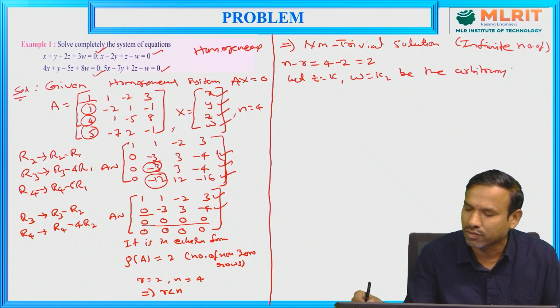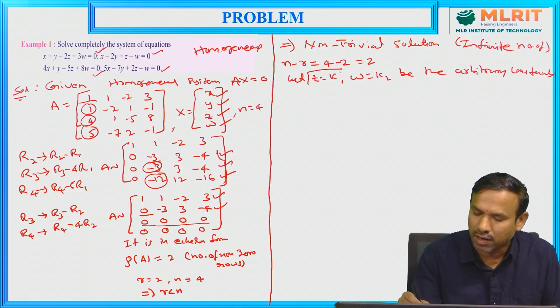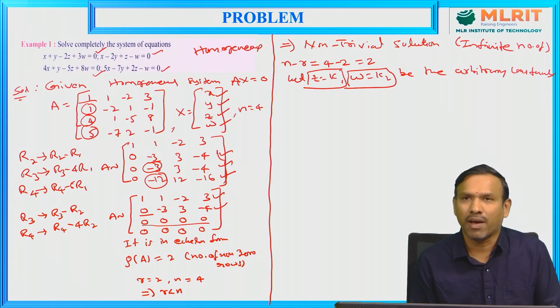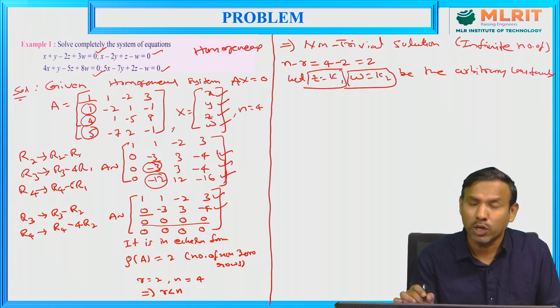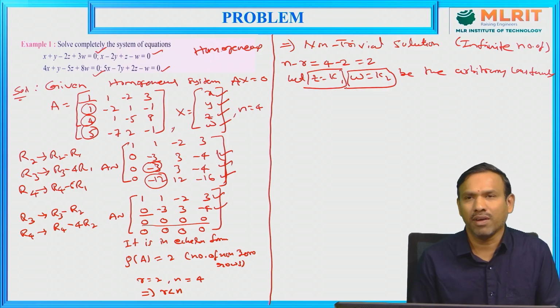Arbitrary means it can take any value, k1 equal to 0, k2 equal to 0, like that. And you need to find x and y in terms of k1, k2.